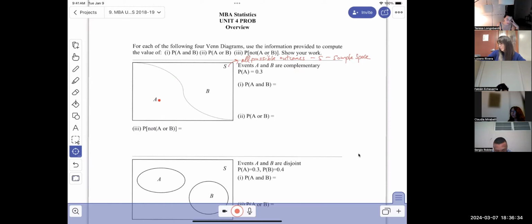So we could define A as it rained outside. And what's the complementary event to rain outside? It was sunny. Okay, we'll be more careful, because it can rain and be sunny at the same time in Puerto Rico.